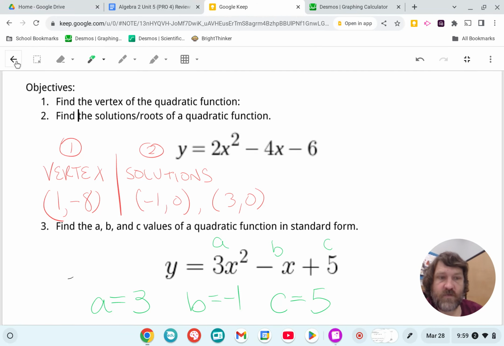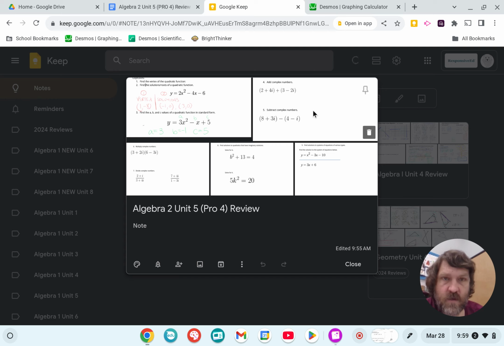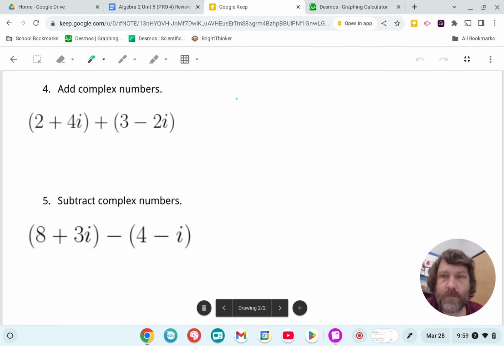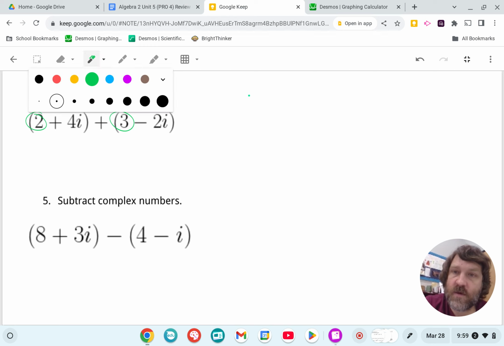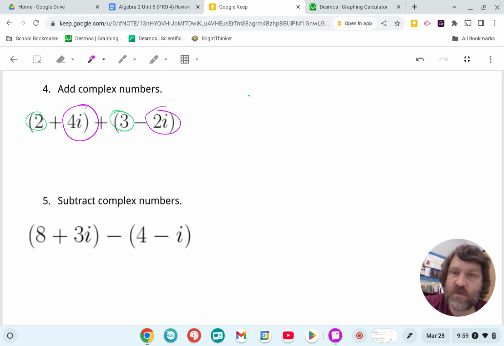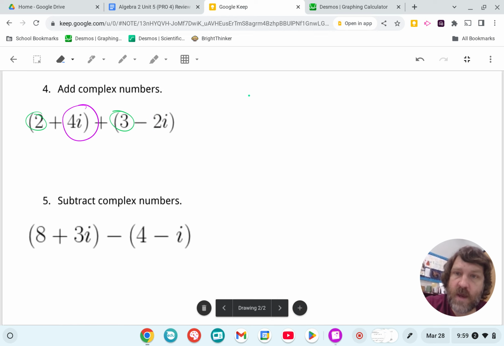Let's look at the next little thing here. Adding complex numbers. For adding complex numbers, you're just going to add the constants, which are going to be 2 and 3, and then you're going to add the numbers that have imaginary numbers, which is the 4i and the -2i.